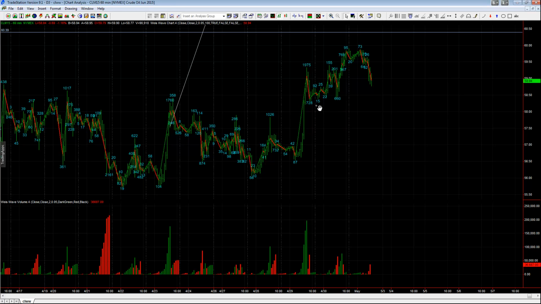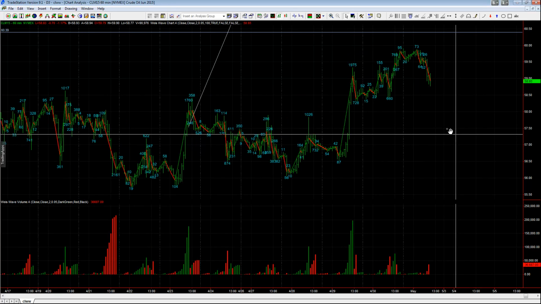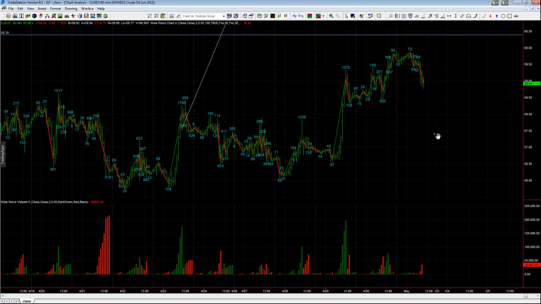This was the second biggest pullback. We didn't break the lows, but we had 728 and 660, which showed a potential change in direction. Now, as we approached and made new highs yesterday, we went up on 769, then 95 and 73, so a considerable drop from the higher highs. As we extend that out, we have started to pull back.